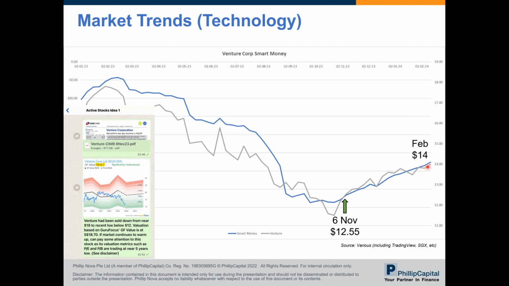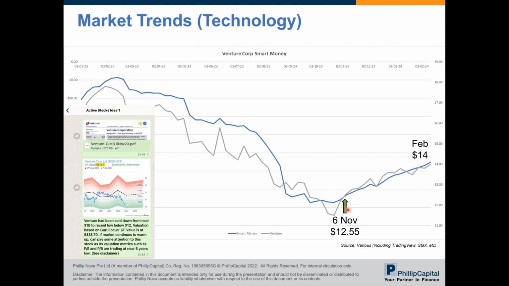Even up to recently, this chart is as of February, but in the last couple of weeks there has been some selling from the smart money when it comes to Venture, but nothing of a magnitude that would cause us to think that there's a change in trend or a change in attitude towards Venture.